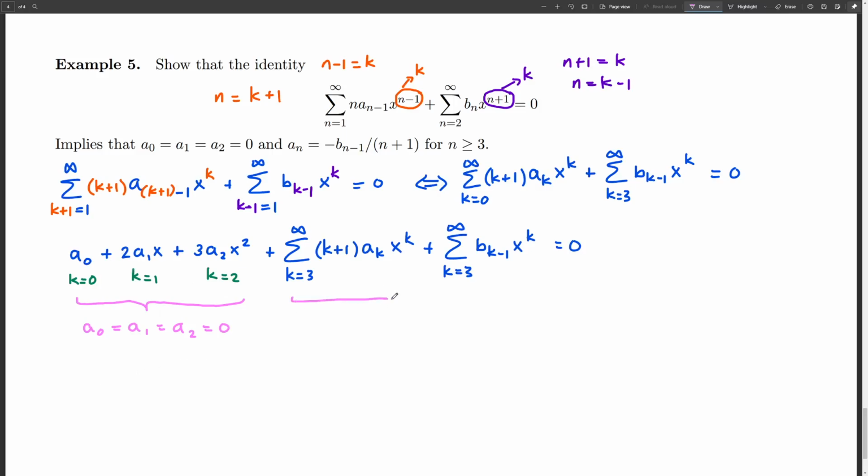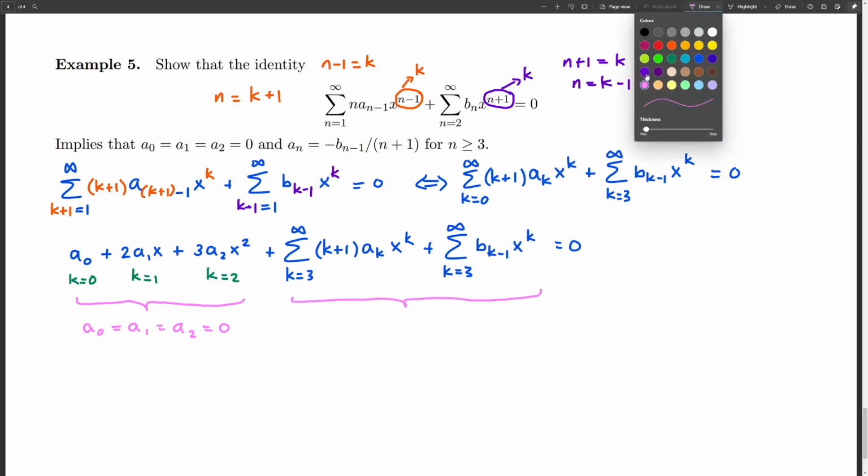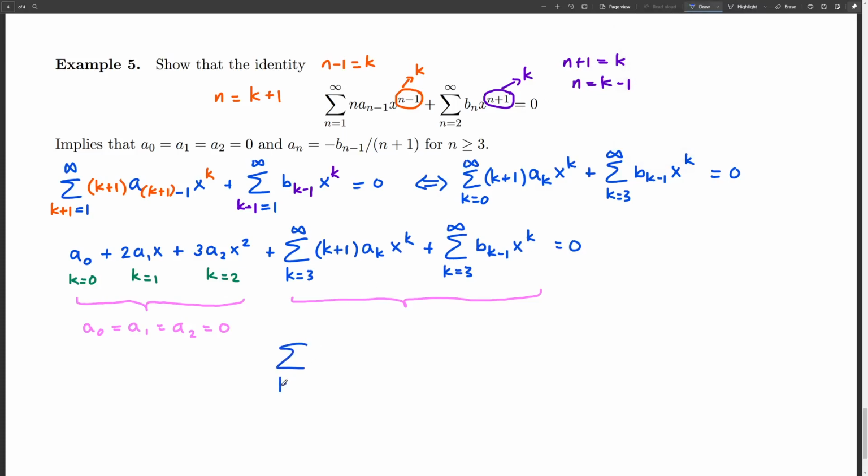Now for the next part, we can combine these two power series, and what we get is the summation from k equals 3 to infinity, and then our combined power series is k plus 1 times a sub k plus b sub k minus 1 times x to the k, and that equals 0.